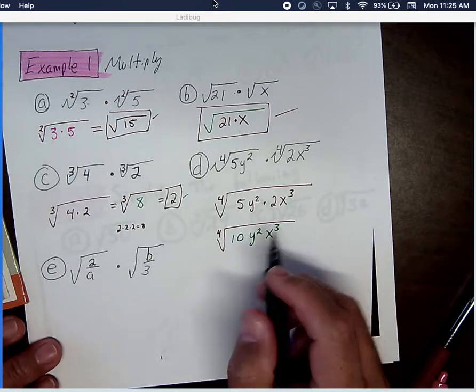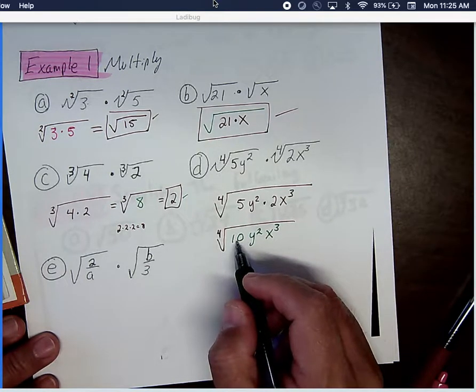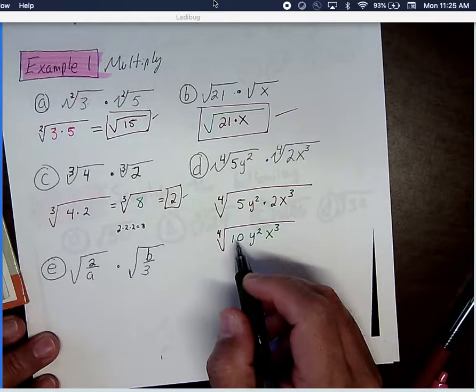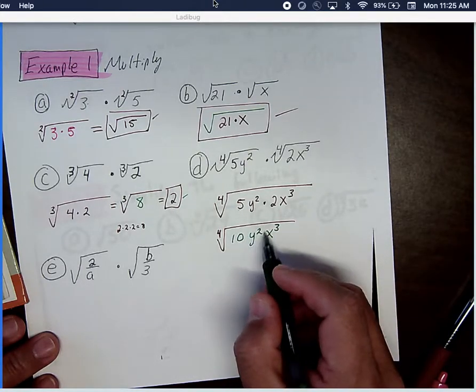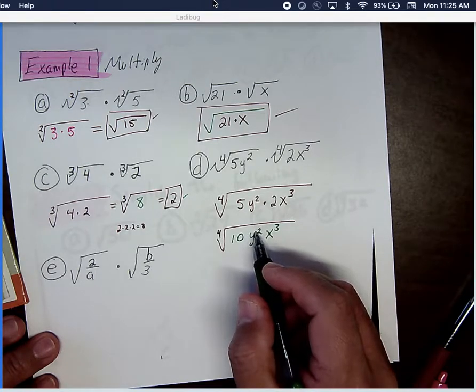Then ask yourself, is there a fourth root of 10? No. A number that you multiply 4 times that would give you 10, there's none. Can you simplify? Yeah, you could simplify this, but these questions are not asking for that.